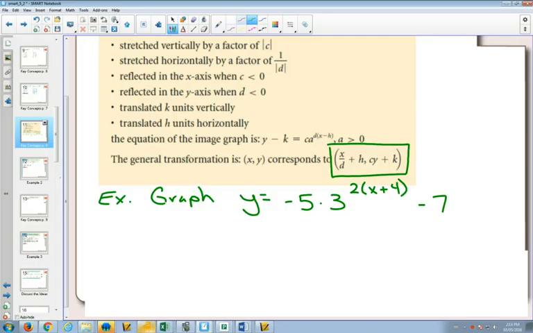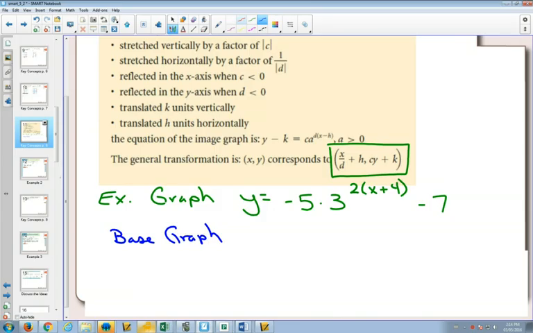So the first thing that you have to determine is what is your parent graph or your base graph. What is the exponential graph to begin with? And then we're going to have to determine what's vertical, what's horizontal, what affects your x coordinates, what affects your y coordinates, and how that works.